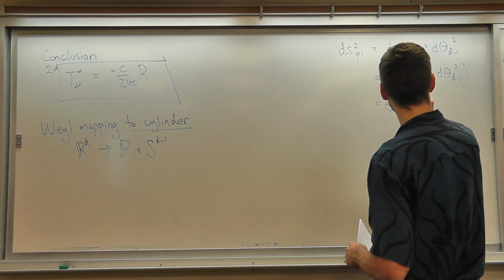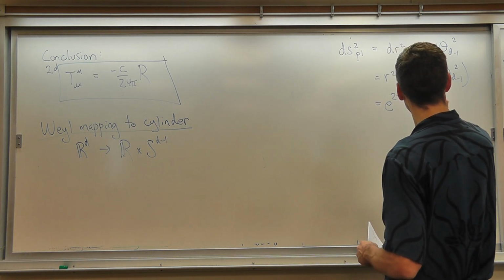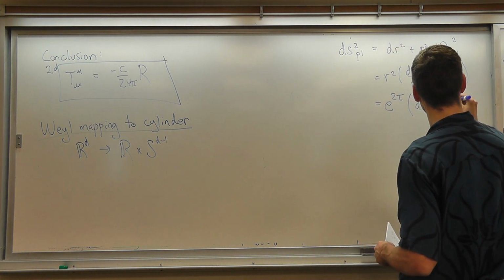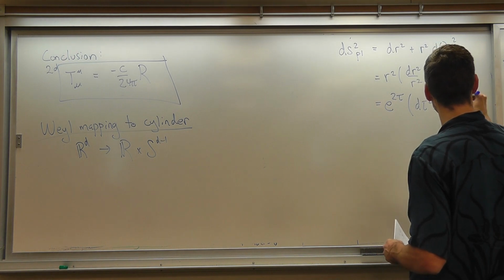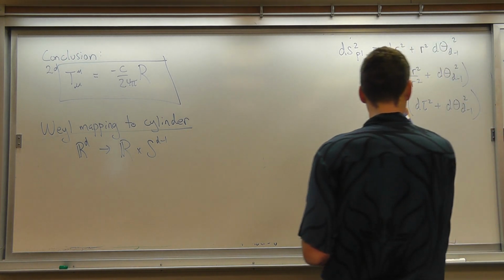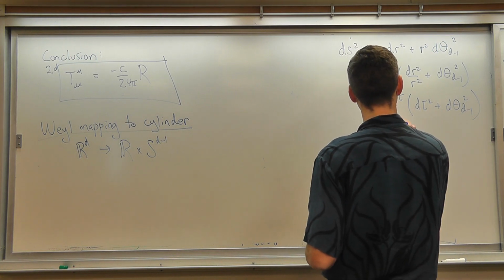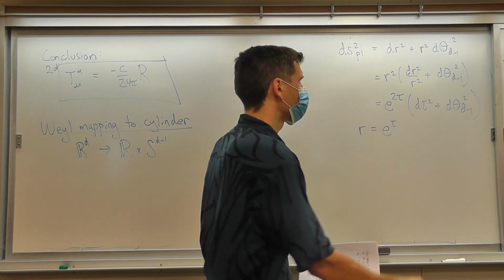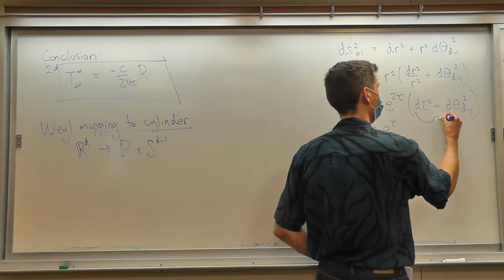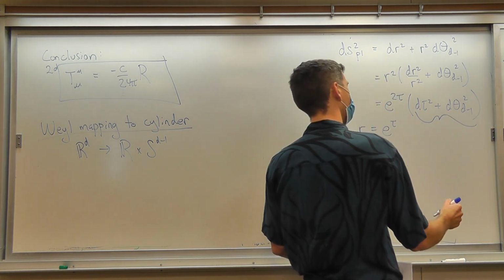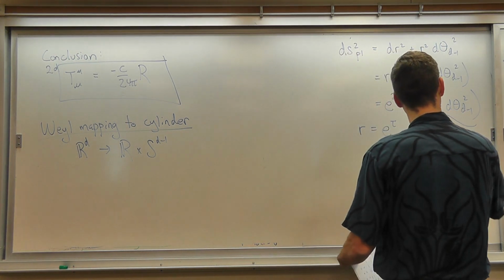So this is e to the 2 tau, times d tau squared plus d theta_(D-1) squared, where r is e to the tau. Okay, and this piece here is the metric on the cylinder.